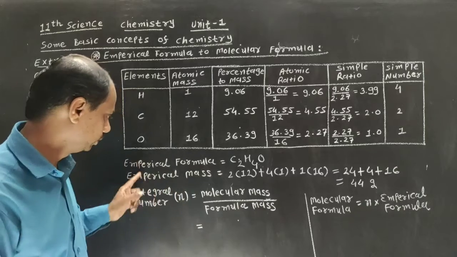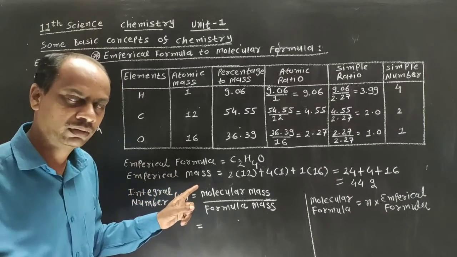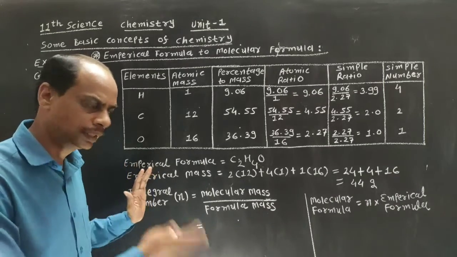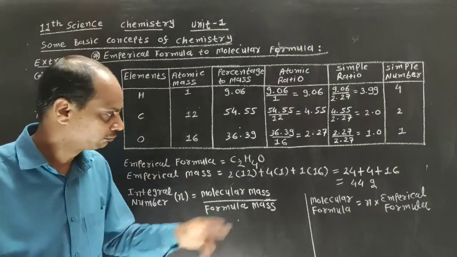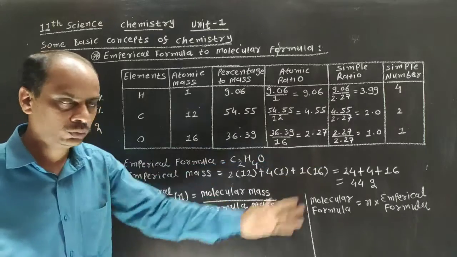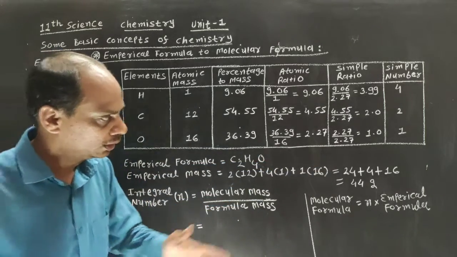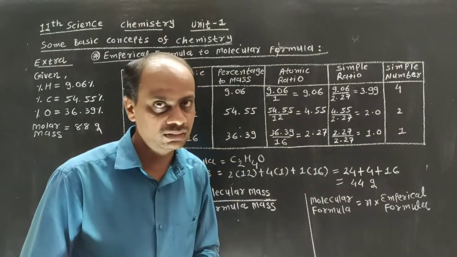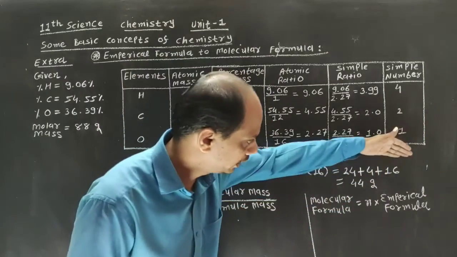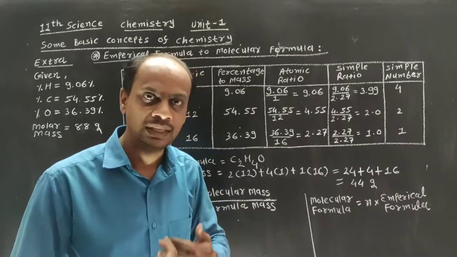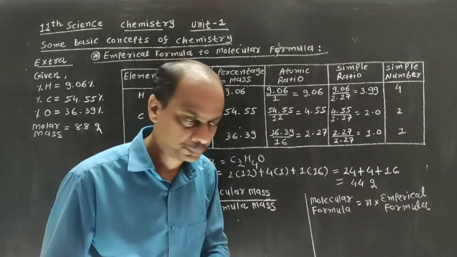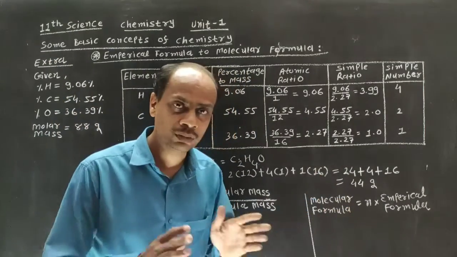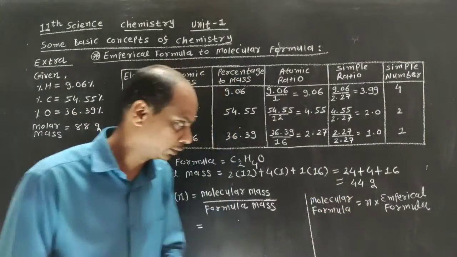Am I clear with all this? We have already made a video to calculate the molecular mass, and it is the same for the empirical mass also. 24 plus 4, 28. In 28, add 10 more, 38, and 6 more. Add 2 to make it 40 and plus 4, 44 gram. Am I clear? You can also calculate this without a calculator.